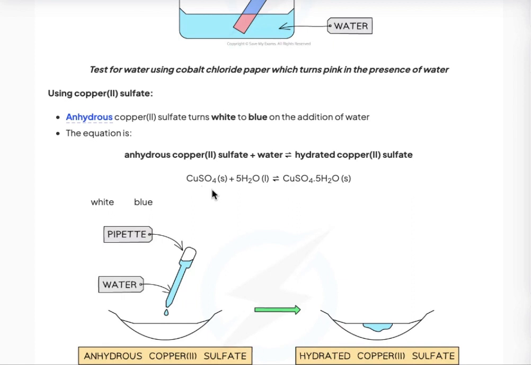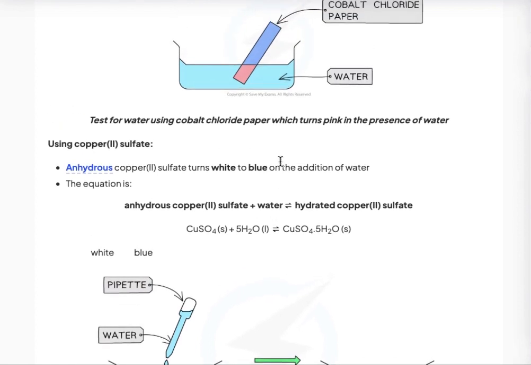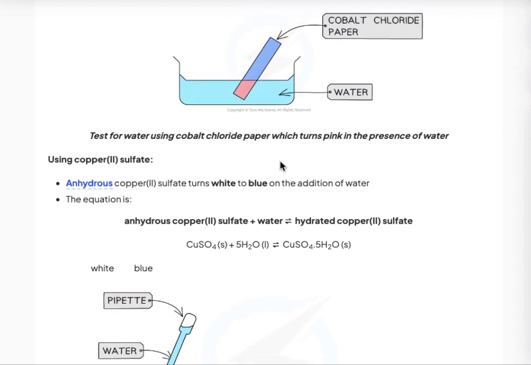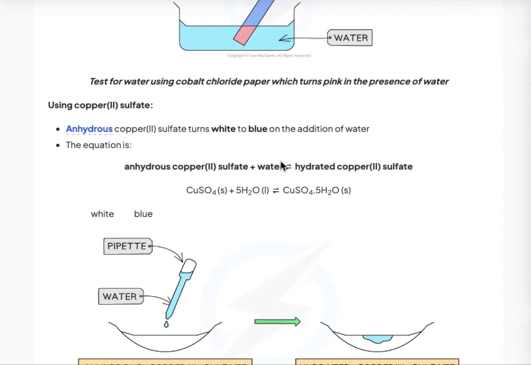Anhydrous copper 2 sulfate is white. When you dip it in water, it will become blue. It becomes hydrated copper 2 sulfate. So let's take a look at that.